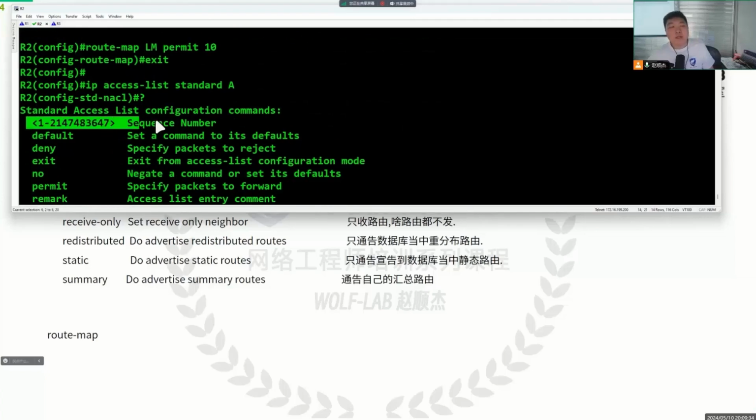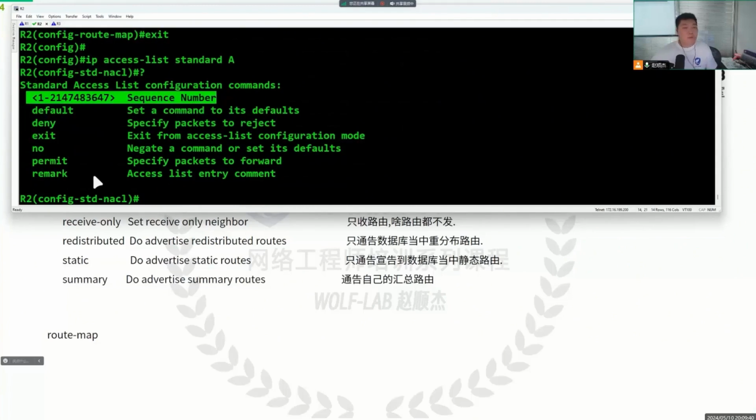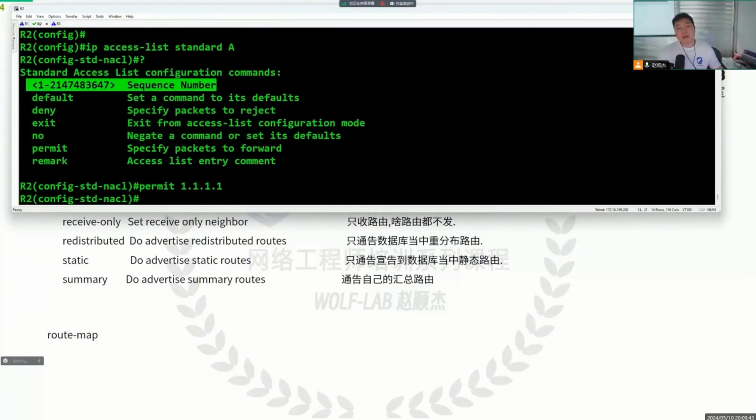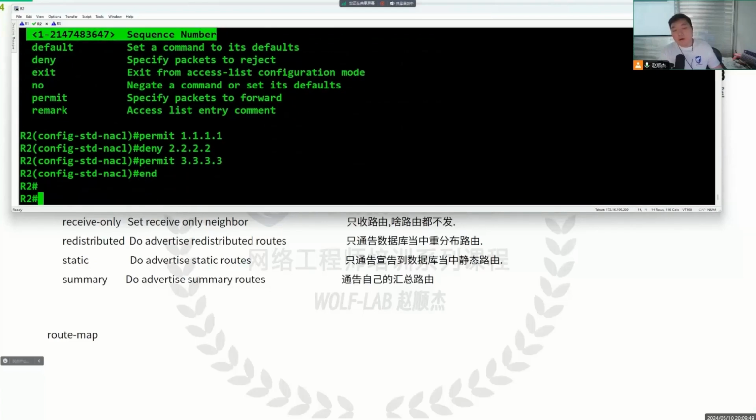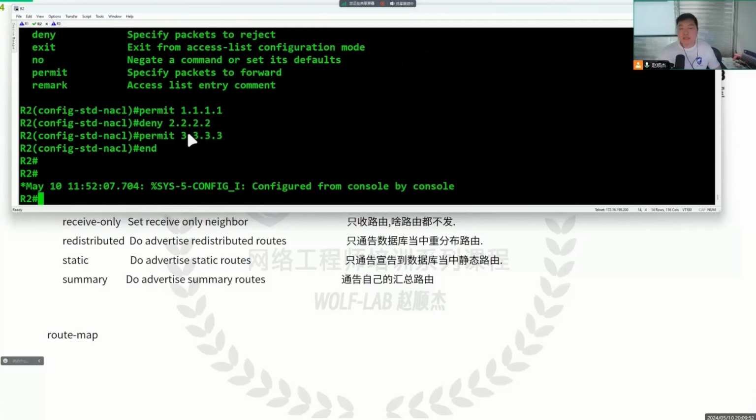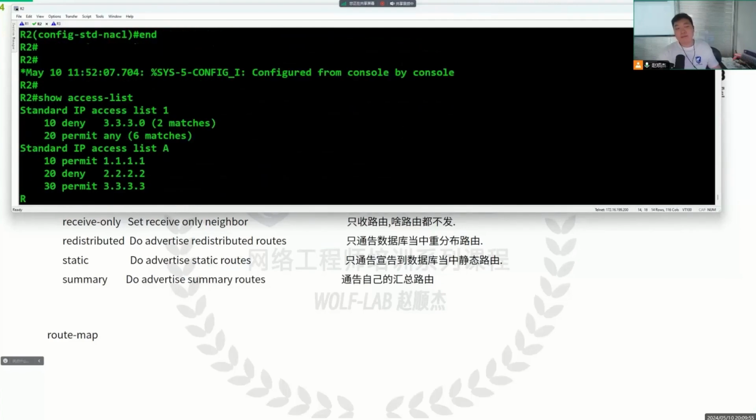When we create a standard access control list, show access list, a standard access control list named A, it uses numbers to order the commands inside, sorting them in an orderly fashion from smallest to largest. So when an access control list is called, it's also called according to the sequence number size from small to large sequentially. So our route map is similar, creating a named routing policy document. It uses numbers to effectively order the command lines, very similar to our access control list.